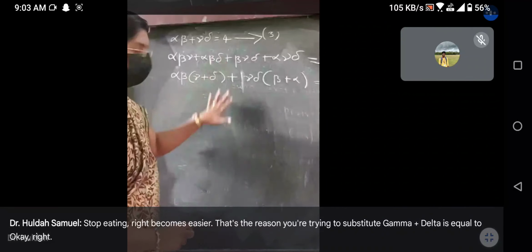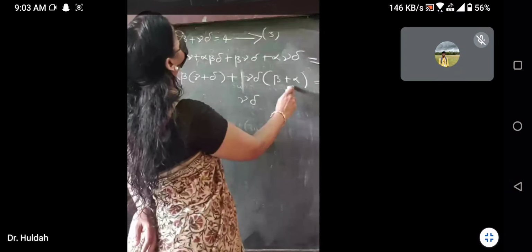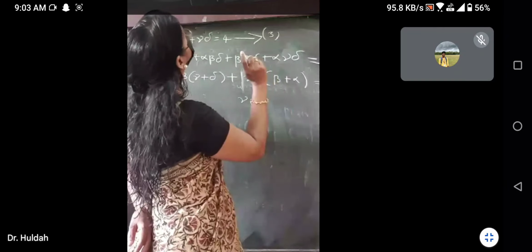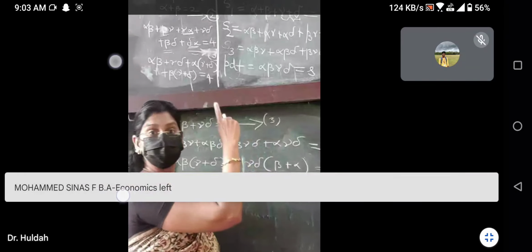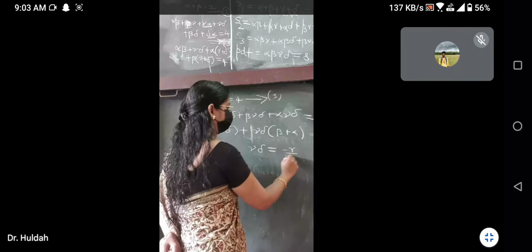So this becomes, so I have gamma delta. What is R here? Minus 6. Okay.